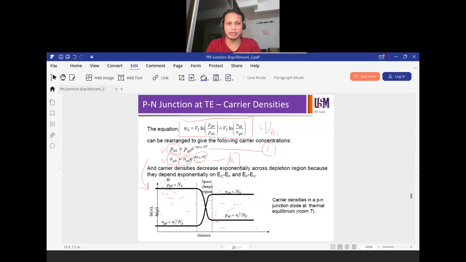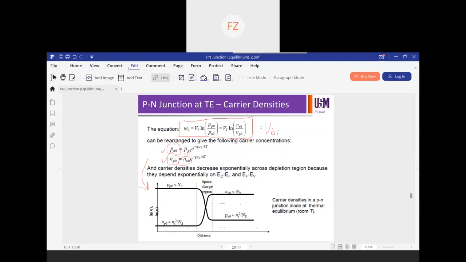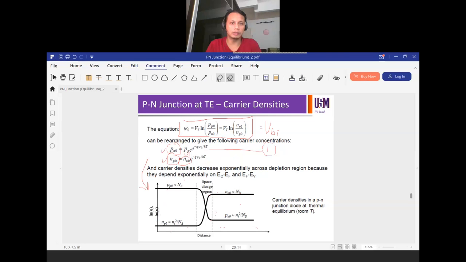KIV it, because that is the original equation. But if you want to calculate the concentration based on this diagram, we have to rearrange the equation into the middle equation. Let me erase this, otherwise you can't see. Okay, this is fine. Let me draw again.